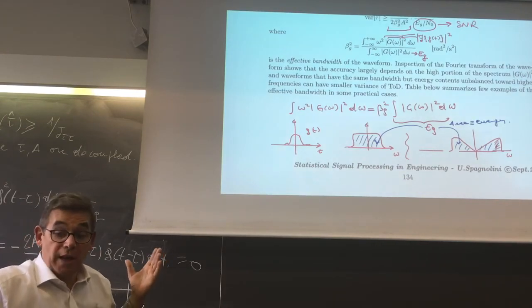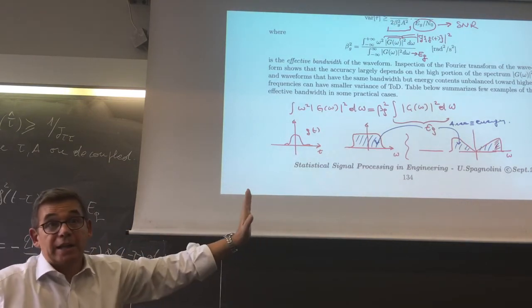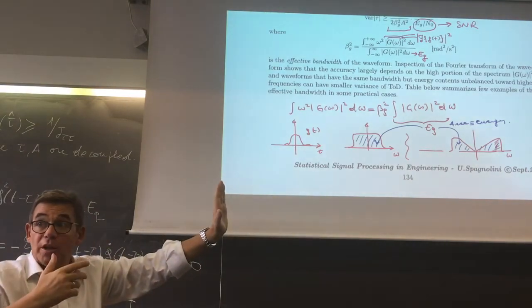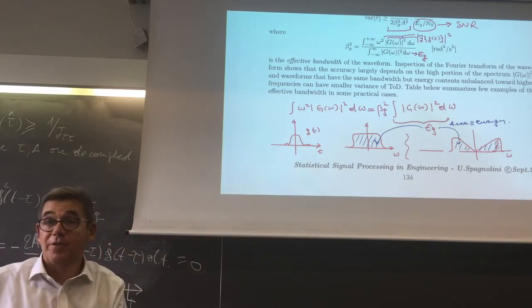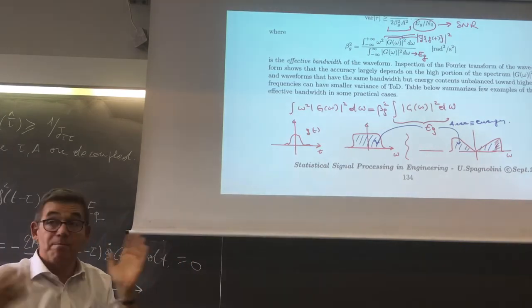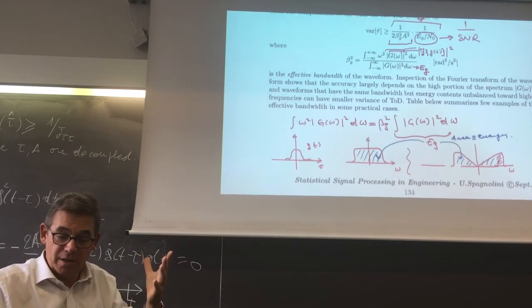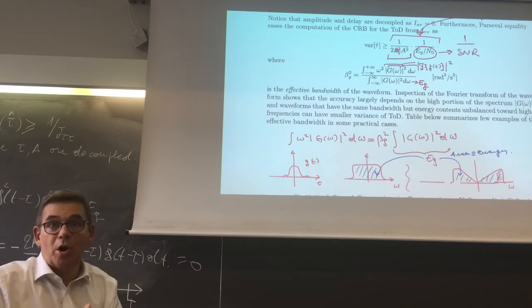So if I constrain the two waveforms to have the same energy, the one on the right, since when I integrate the high frequency counts more, has a higher effective bandwidth. Since beta is bigger and goes in the denominator, 1 over beta is smaller.